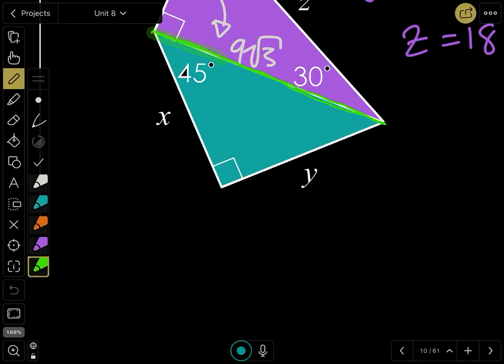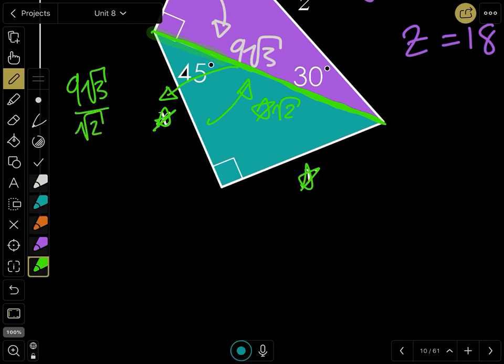It makes it bigger, right? Multiplication makes things bigger. So in order to make this value smaller, we have to do the opposite of multiplication. That means we need to divide 9 by the square root of 2.